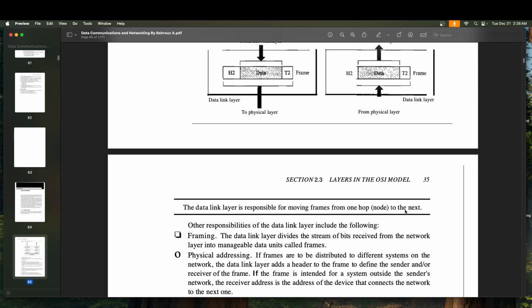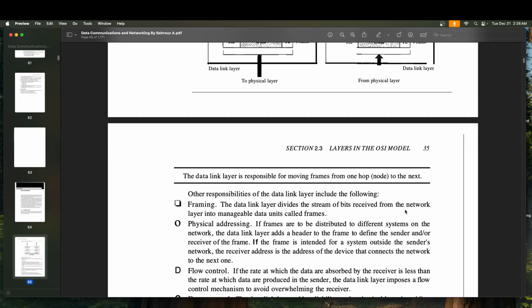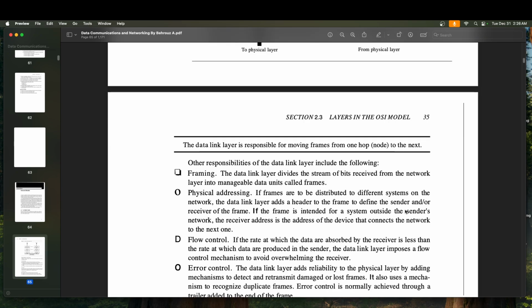That is then done using the MAC address. Here we use the actual physical address. Remember, IP is a virtual address, and MAC is basically the physical address of the device. This is given by the network interface card, the NIC.